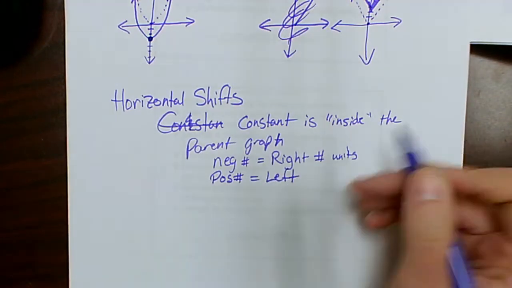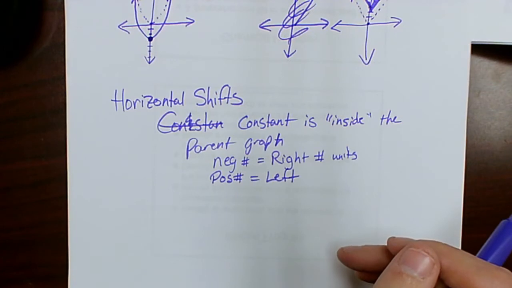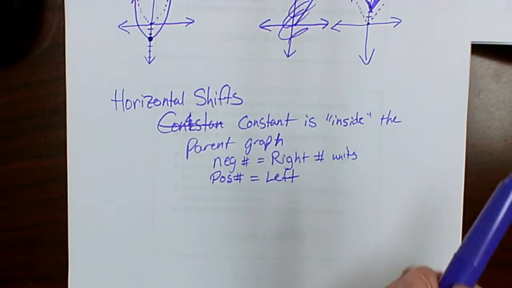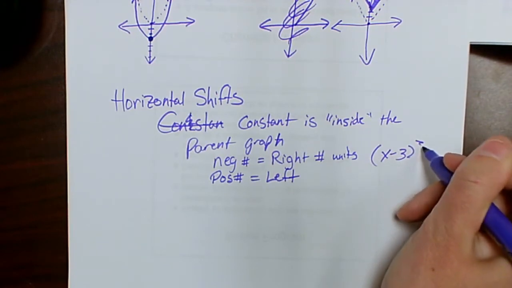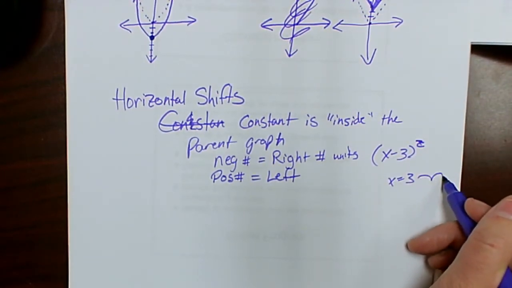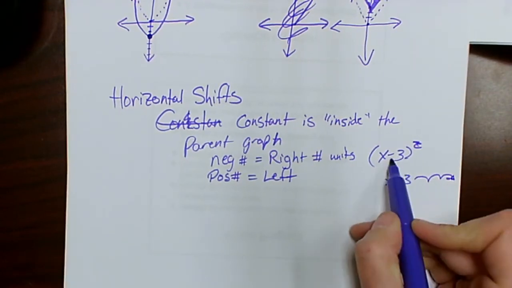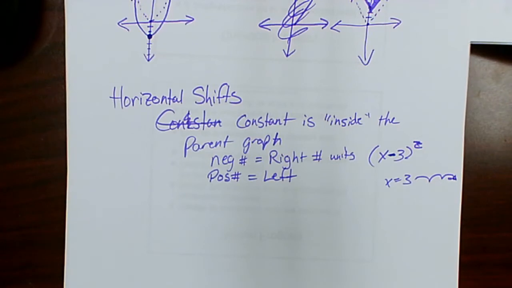And the reason being is if you take that value and solve for x, then you can see, oh, well, if it was x minus 3 squared, well, x equals 3. So you are actually going to go positive 3 when in reality it was a negative 3 in there.